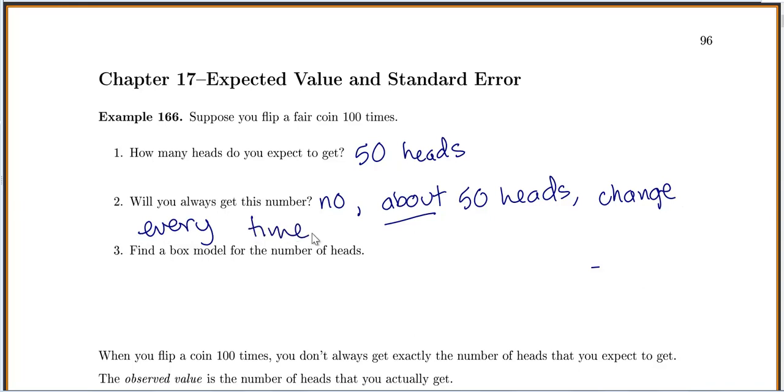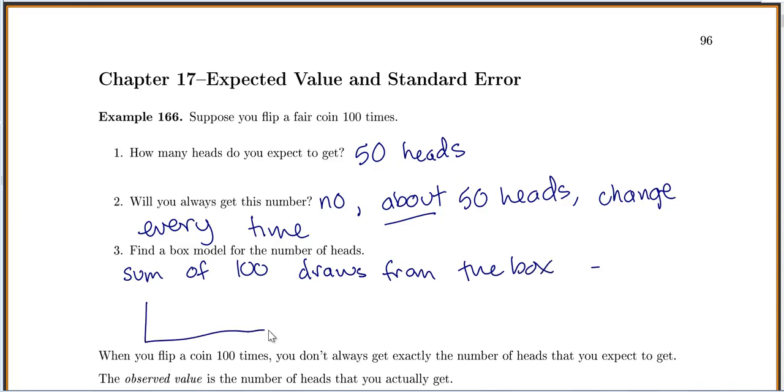So for number 3, let's now find a box model for the number of heads. For our box model, we're flipping the coin 100 times. So because we're doing 100 times, it's going to be the sum of 100 draws from the box. And then what goes in the box?